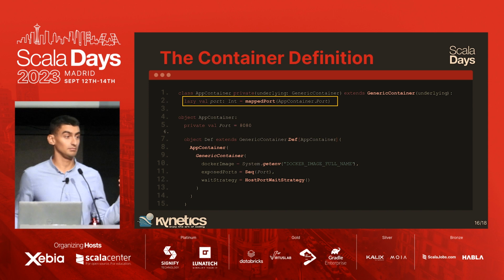But if we had database passwords, root passwords, usernames, and so on, we could add additional methods or additional values to this interface for our test classes to use them. This is much better because we don't have to deal with any anymore. There is no more code duplication. There is just a well-typed interface that we can query whenever we need information about our containers.